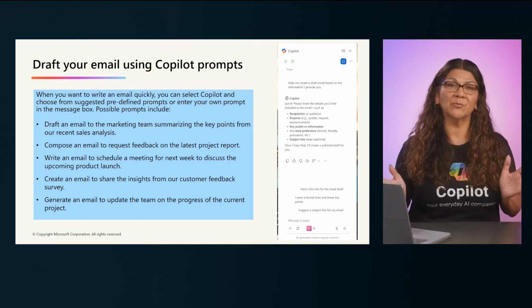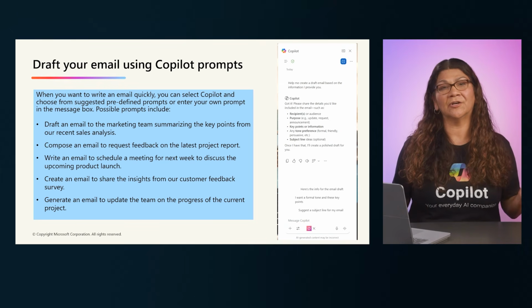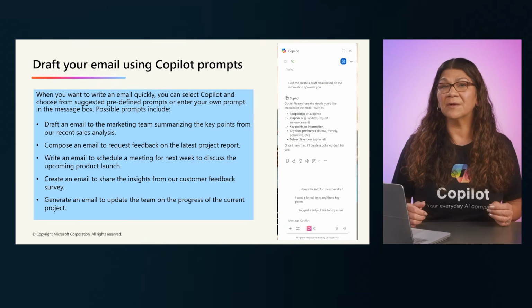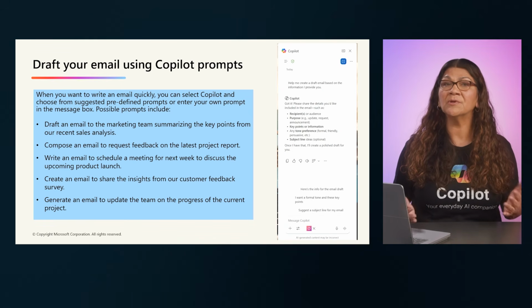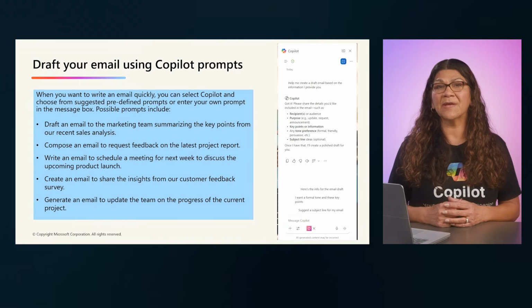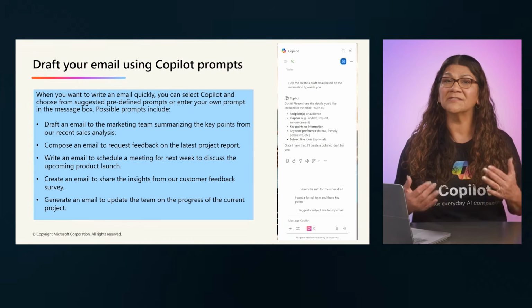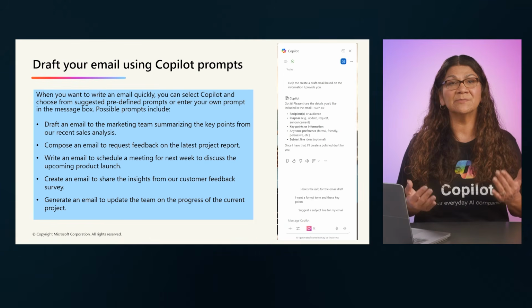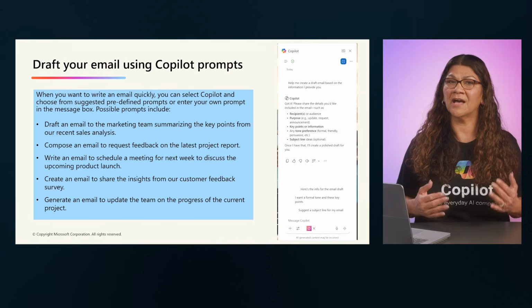You can choose from predefined prompts or enter your own, then easily accept, edit, or refine Copilot's suggestions to ensure the tone, clarity, and professionalism are exactly what you need. This makes writing high-quality emails far less time-consuming, especially when communication volume is high.